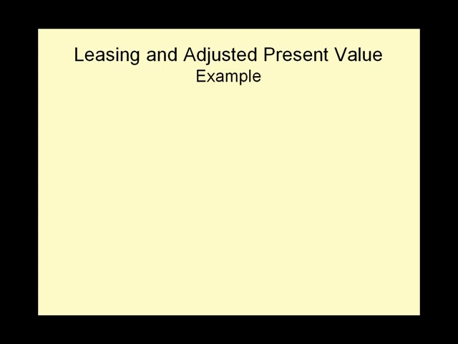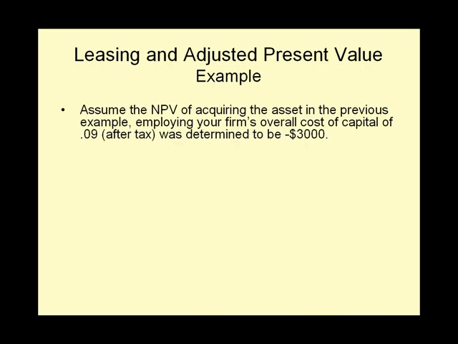Here's an example that shows how to apply adjusted present value in a lease financing situation. Assume that the net present value of acquiring the asset in the example we just went through, employing your firm's overall cost of capital of 9% after taxes, was determined to be minus $3,000.